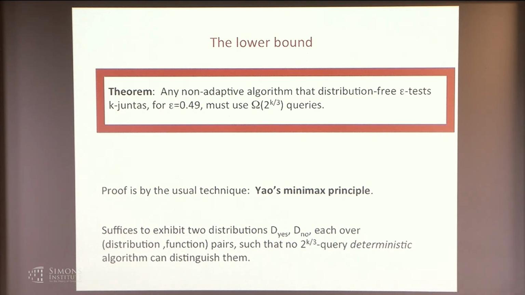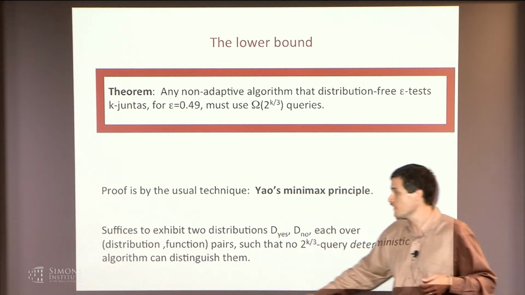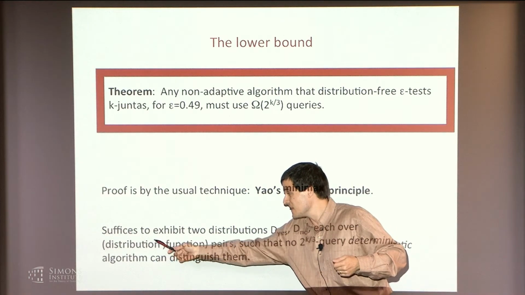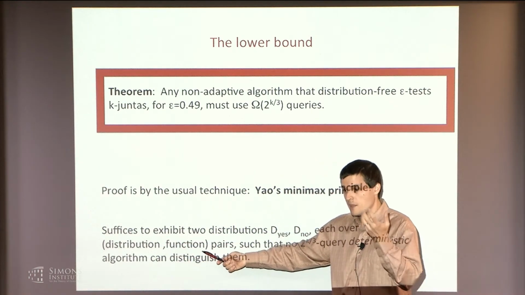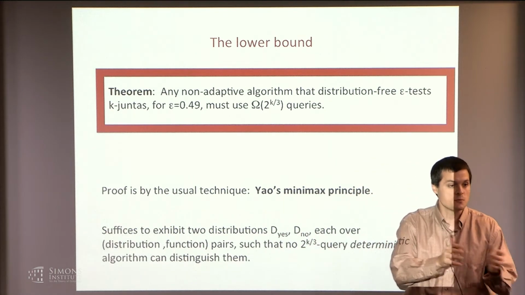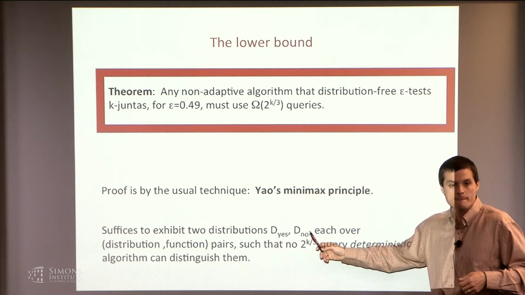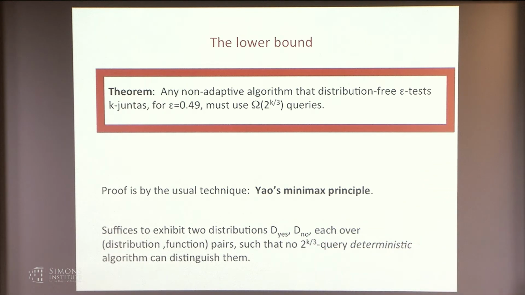But in this framework, since it's the distribution-free setup, this yes distribution is going to be a distribution over (distribution, Boolean function) pairs, where the distribution is over {0,1}^n. D_yes is over such pairs, and D_no is also over distribution-function pairs. And we have to show that deterministic algorithms that make 2^(k/3) many queries can't tell whether the distribution-function pair was a yes or a no. Okay? So that's our job.